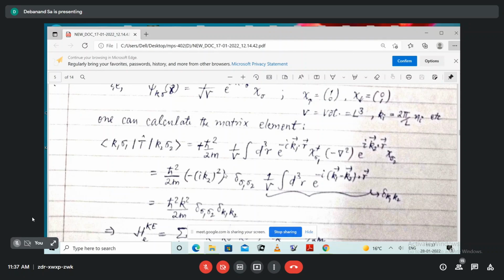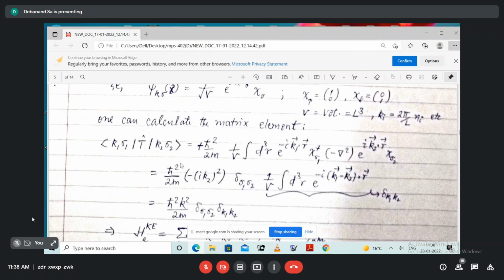Chi sigma 1 dagger chi sigma 2 is just delta sigma 1 sigma 2, and then 1 by V after operating on this, the basis is summed. This is again a delta function, delta k1 k2. So k1 will be k2, equal to k. So this is h cross square k square by 2m, with delta functions for sigma 1 sigma 2 and k1 k2.